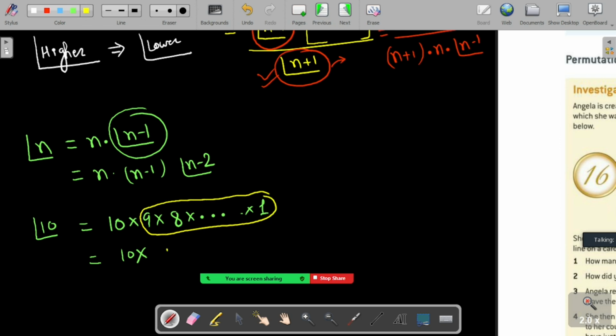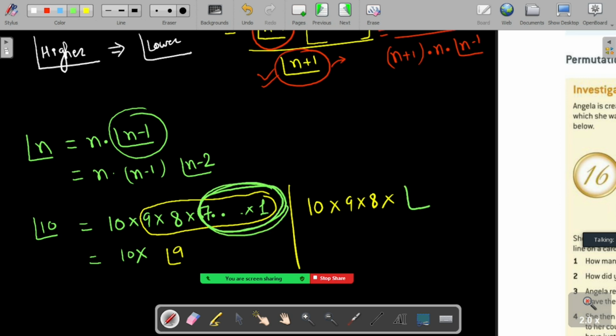Any problem? This is also factorial 9, 9 into 8 into 7 and so on, right? If someone wants, he can write 10 into 9 into 8. After this, if you start from 7 and go till 1, what will it be, Rishit? It will be factorial of 7, isn't it? So this is the pattern.